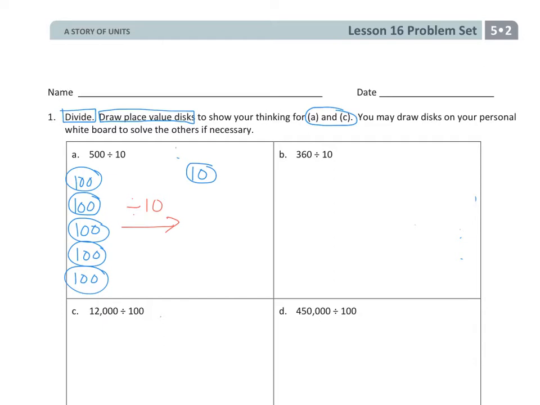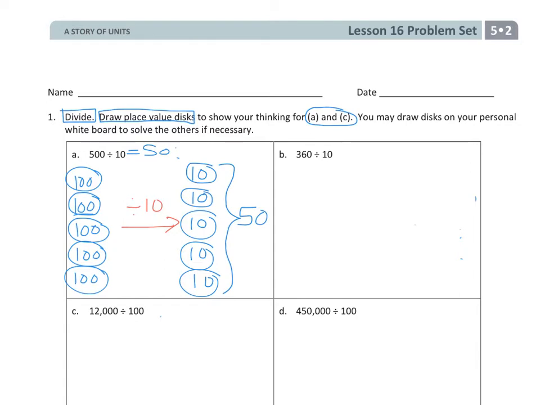The other 100 right here divided by 10 would give us 10. The third 100 place value disc is 10, and you're seeing the pattern that 100 divided by 10 would give you 10. Now let's see, if I had all of these 5 ten place value discs, what value do I have? Well, I have 50. So the answer is 50 for 1A.